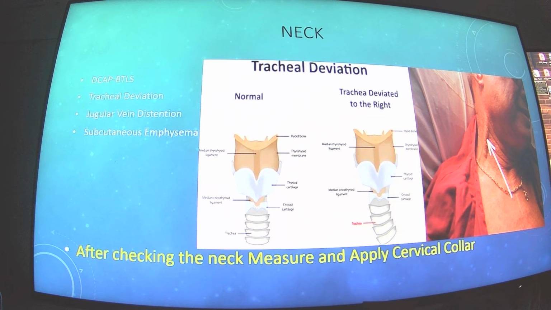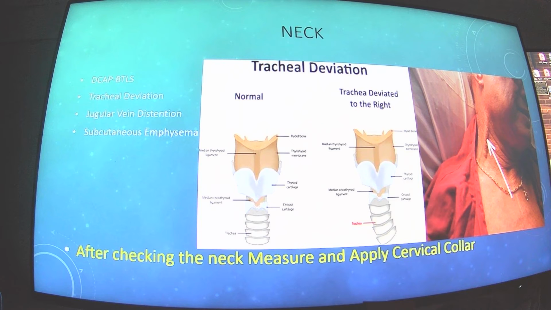Okay, jugular vein distension is what you're looking at right now. The old guy with the gold necklace here, he has a little jugular vein distension. If they're laying down, not so much. That's where the blood pressure is heading that way anyway. But when they're sitting up at over 15 degrees, if they're still getting that, then we have jugular vein distension. The other thing we're going to be looking for there is subcutaneous emphysema. This is air leaking up under the skin.